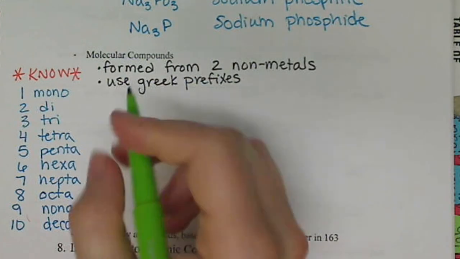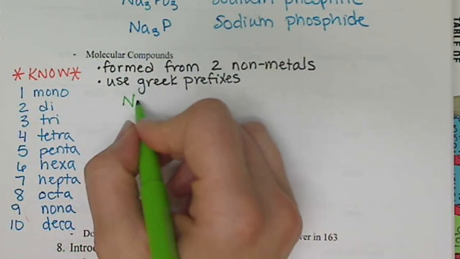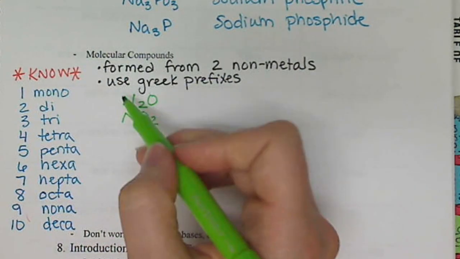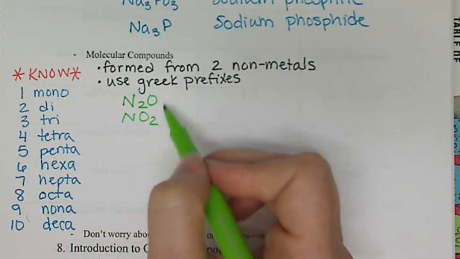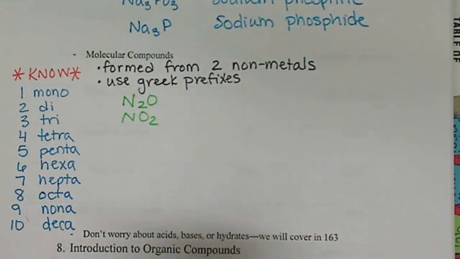Why these are important is because for our molecular compounds, we can have the same elements in different ratios. So here we have N2O, next one we have NO2. These are two completely different chemicals, so they need different names.